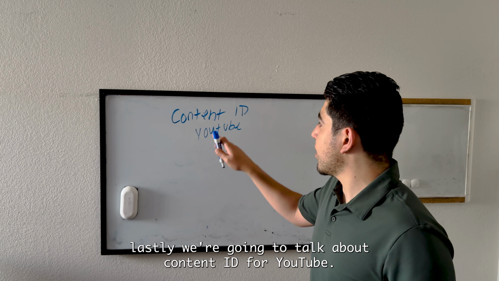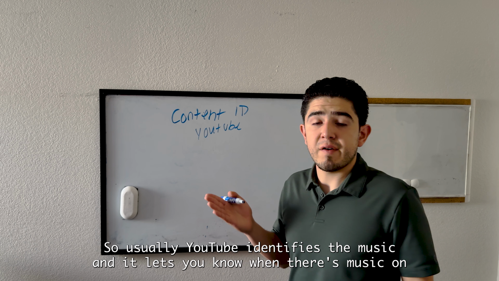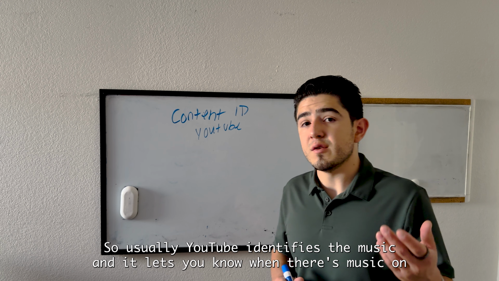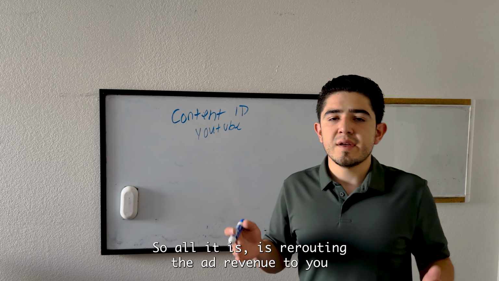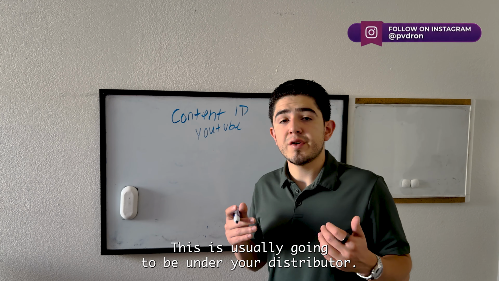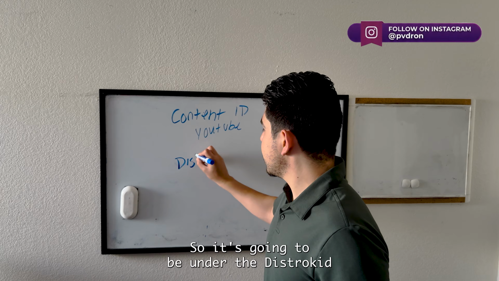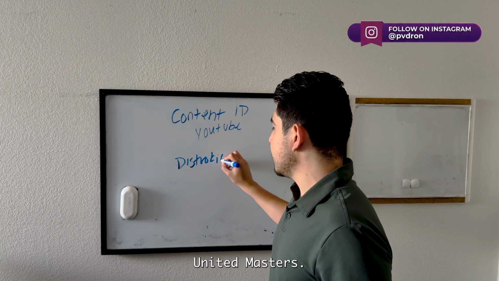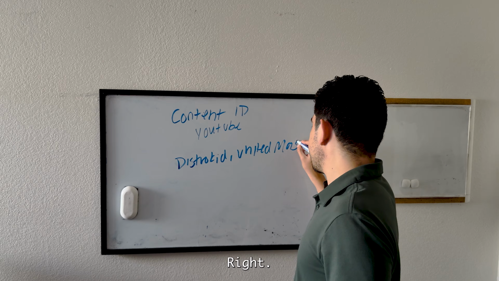Lastly, we're gonna talk about content ID for YouTube. So usually YouTube identifies the music and it lets you know when there's music on somebody else's YouTube channel. So all it is is rerouting the ad revenue to you. This is usually gonna be under your distributor. So it's gonna be under the DistroKid, United Masters, right?